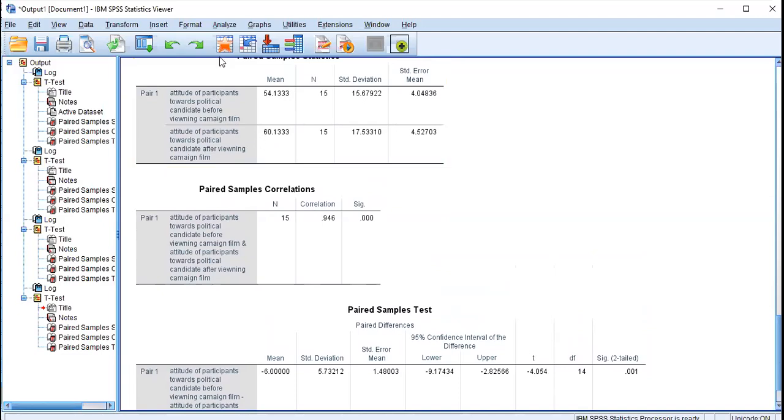So since it is increasing, that's okay. But had we put after film at the top and before film at the bottom, the numerator would have become after film, the denominator before film, and the answer would have been plus 4.054.